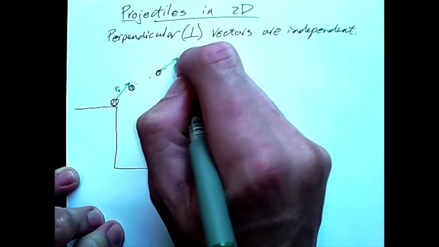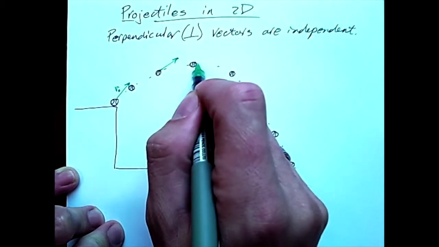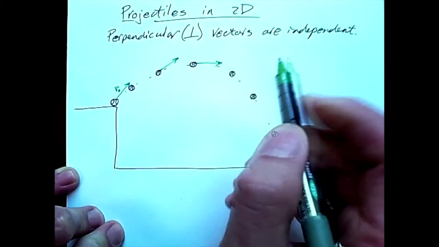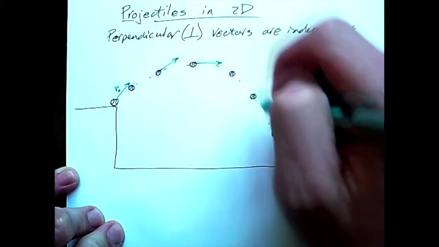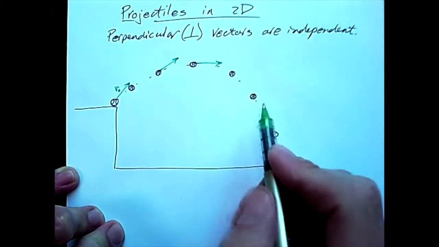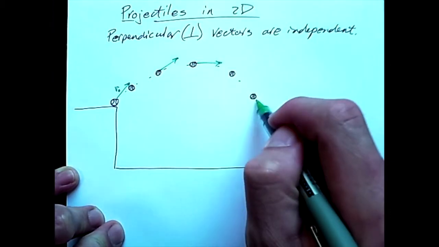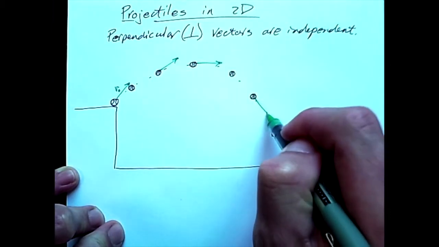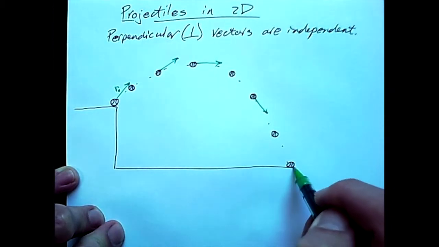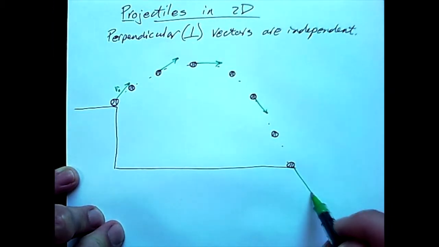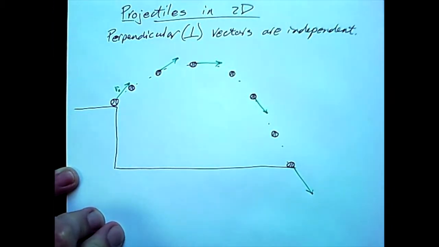And so what happens, though, is there's an odd phenomenon where part of the vector remains the same and part of it does not. And so if we trace a few more spots on here, we see a couple pieces of the information happening.